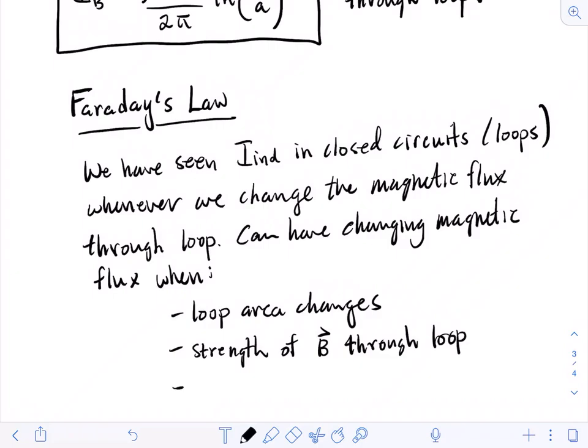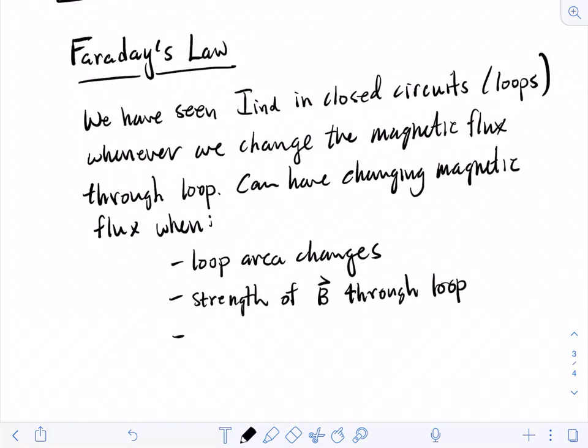And lastly, we could take a loop in, say, a constant magnetic field, and change the orientation of that loop relative to the field. So we could, for example, spin the loop.